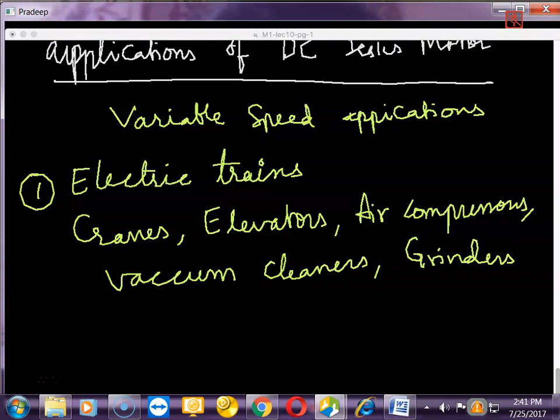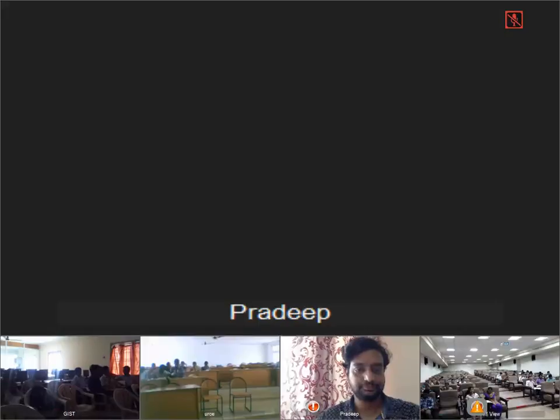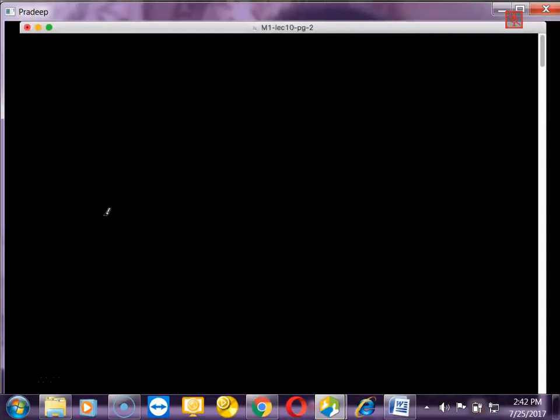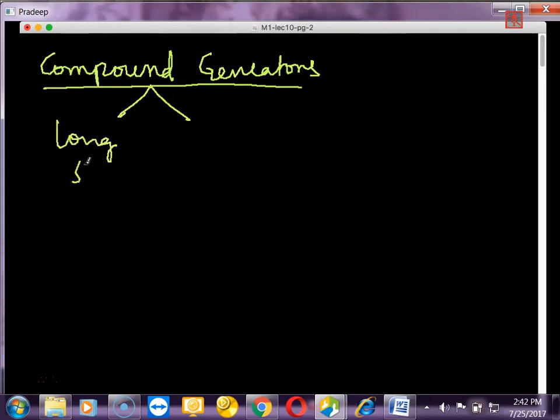Okay, so let's now discuss compound generators. Now look at the compound generators. There are two types. Of course, you have seen long shunt and the other is short shunt.